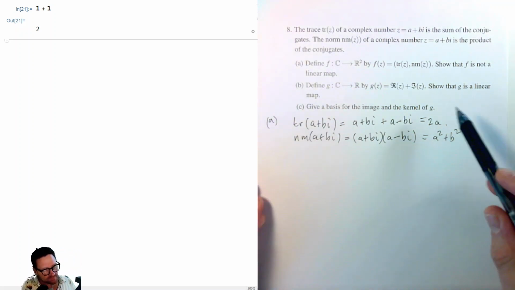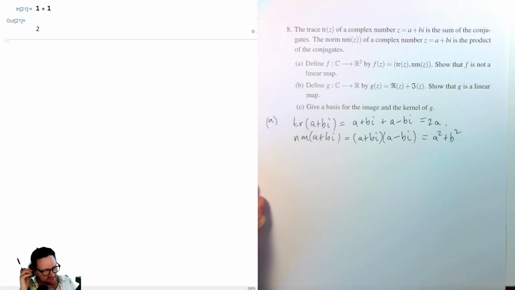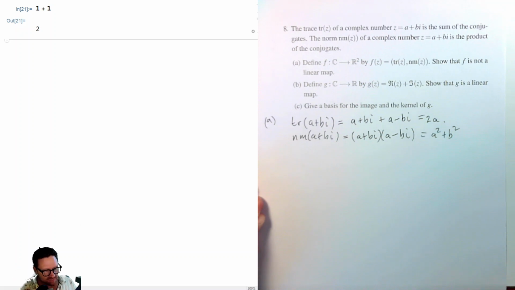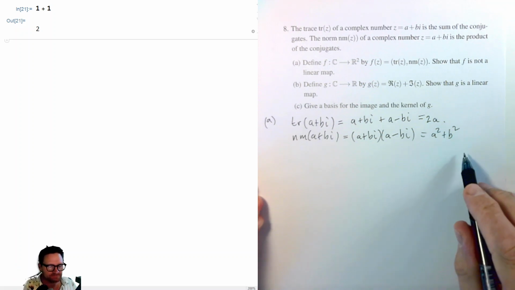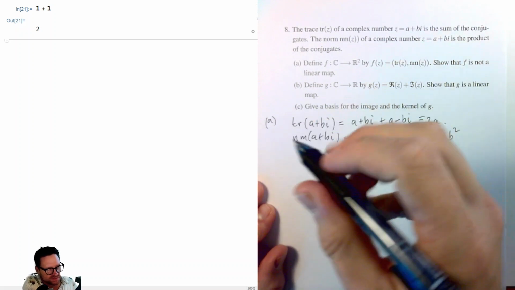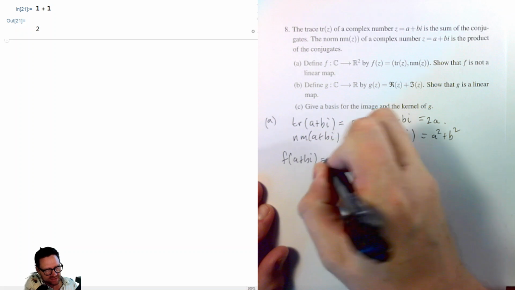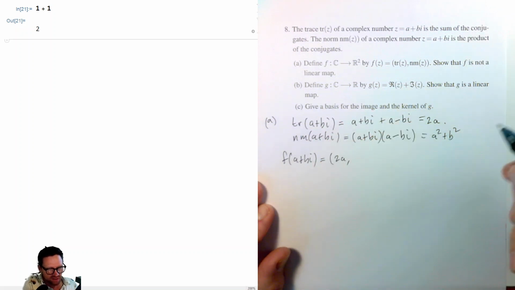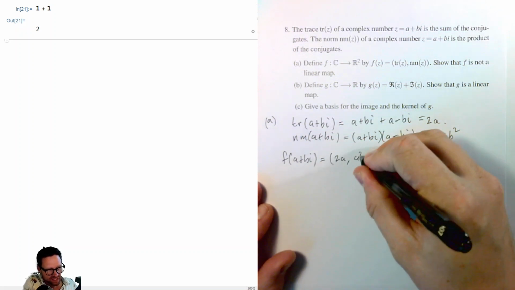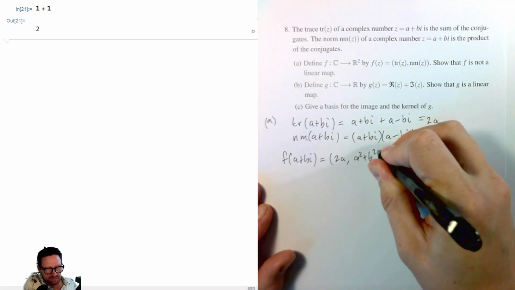The trace of a plus bi is 2a, and the norm of a plus bi is a squared plus b squared. So f of a plus bi is equal to 2a comma a squared plus b squared.